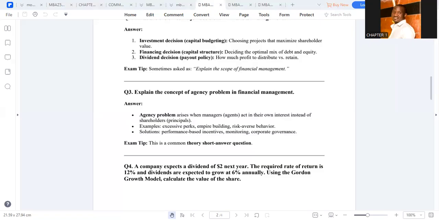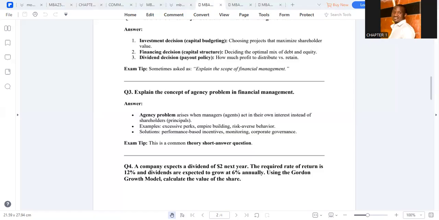Agency problems usually come about with excessive perks like luxury offices, luxury cars, unnecessary travel, empire building, and risk-averse behavior, where you avoid profitable projects because you fear it may affect your job security.